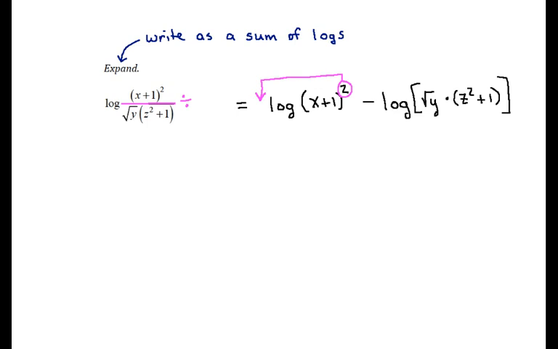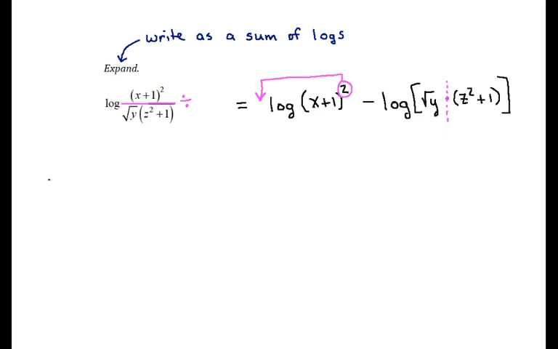I can bring that square out as a scalar multiple. Looking at the second logarithmic term, the outermost operation here is multiplication. The product of the square root of y and the whole factor z squared plus 1 is my outermost operation, so I can use the property of logs that says the log of a product is the sum of logs.